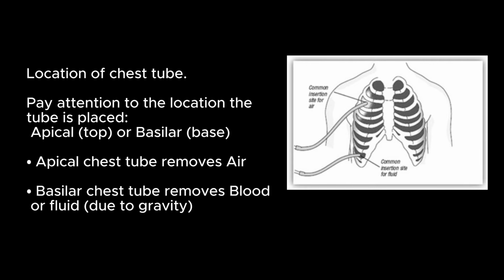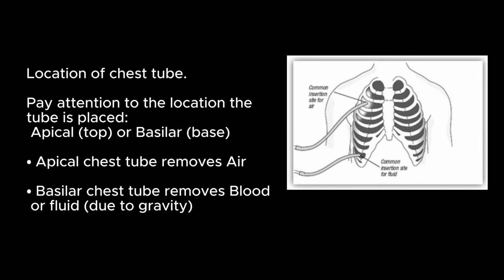So why should a chest tube be inserted at the apex? An apical chest tube is inserted to remove air, because air is always at the top. Air is light. Also, a basilar chest tube, which is inserted at the base, is inserted to remove blood or fluid.